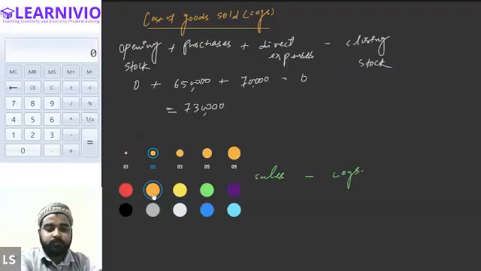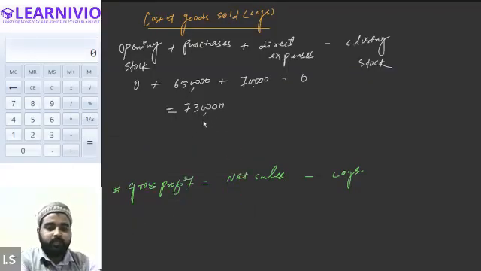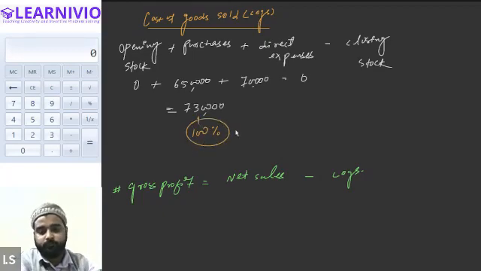Now try to understand one thing: this is the cost of goods sold of 100% goods. Whatever goods we have actually produced, this is the value of all the goods produced, the cost of all the goods produced, correct?